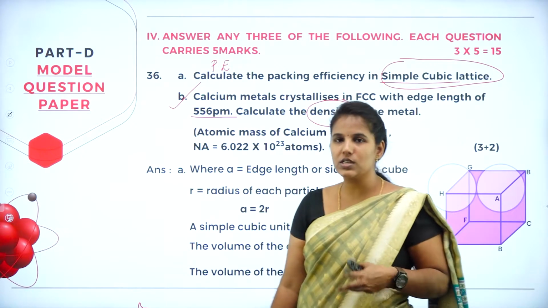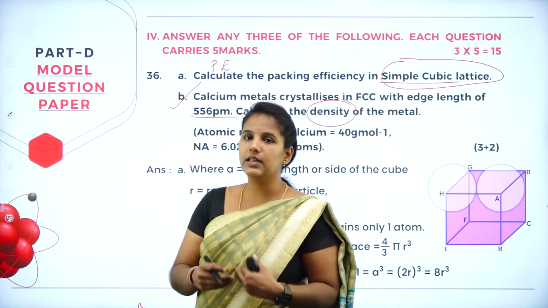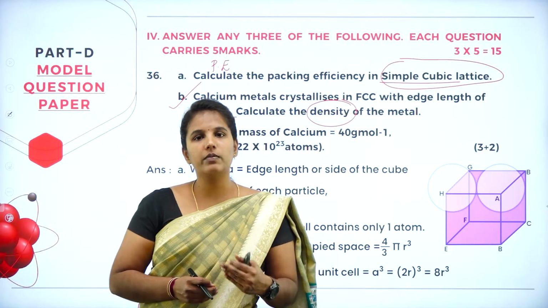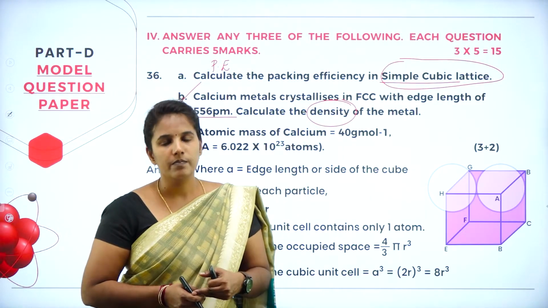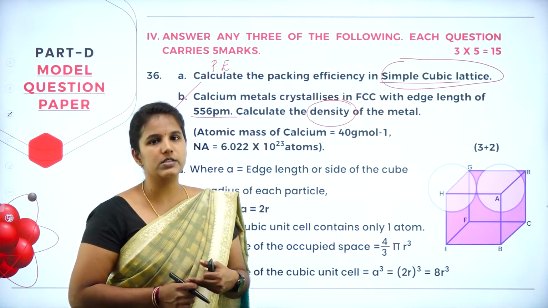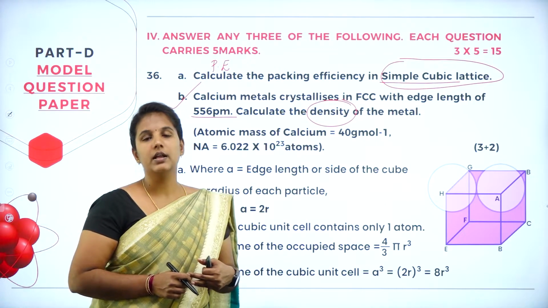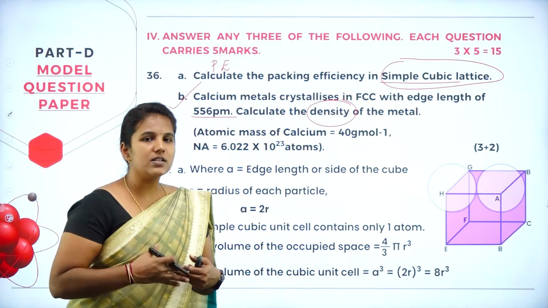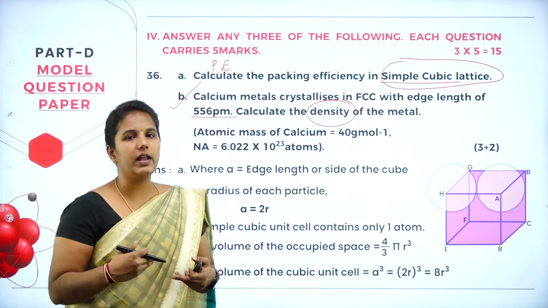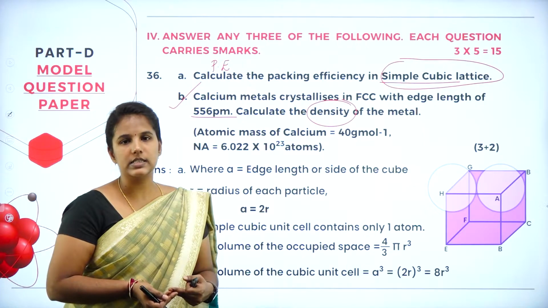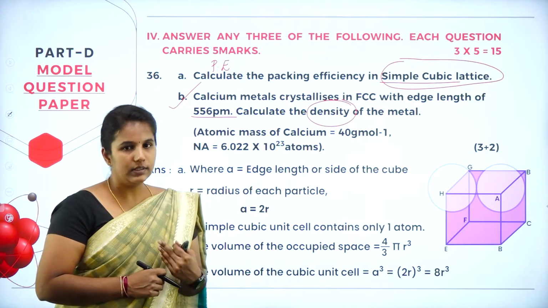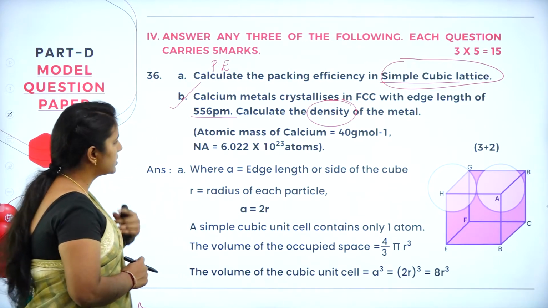And the second question is the numerical. Always the second question will come from the same unit, the solid state, the first unit in your second PUC chemistry. Again, you need to understand what is given in the numerical and calculate the density of the crystal lattice. So I'll go with the first question now.